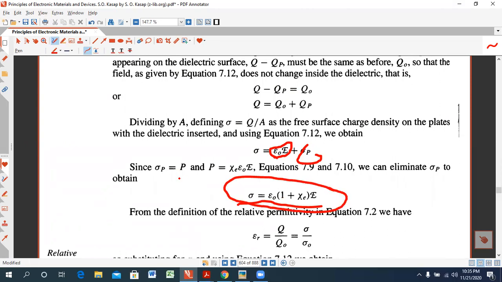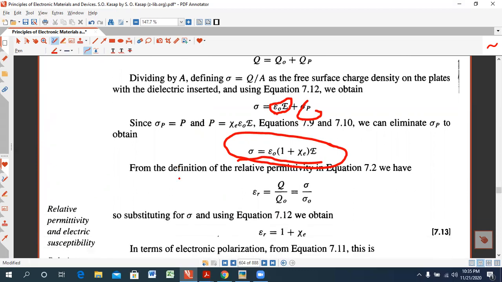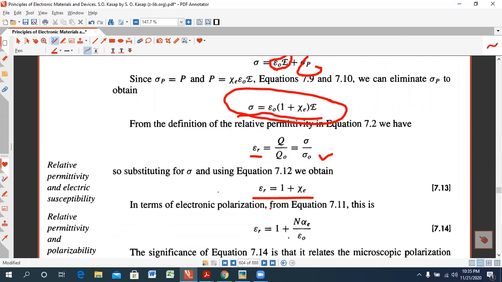Now I think this one is clear, from where these equations have come. Similarly, you can also explain that epsilon r equals sigma divided by epsilon naught sigma naught. Then epsilon r should equal 1 plus Xe. Just as simple as that.